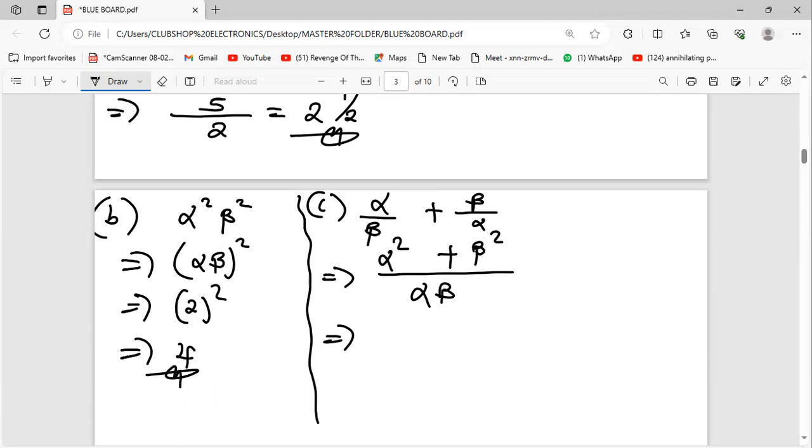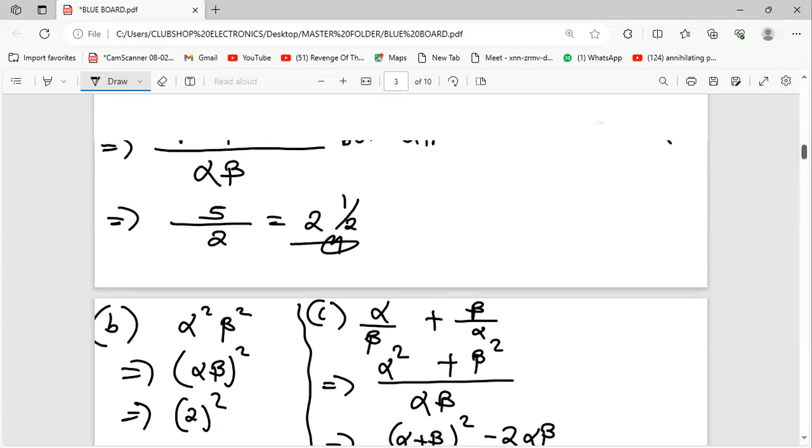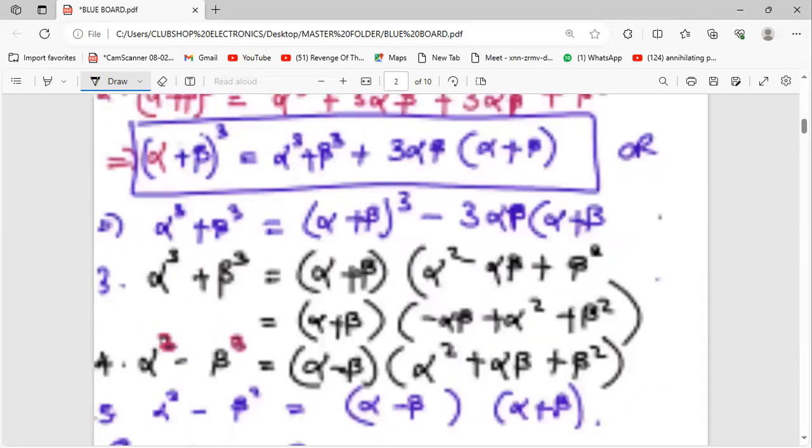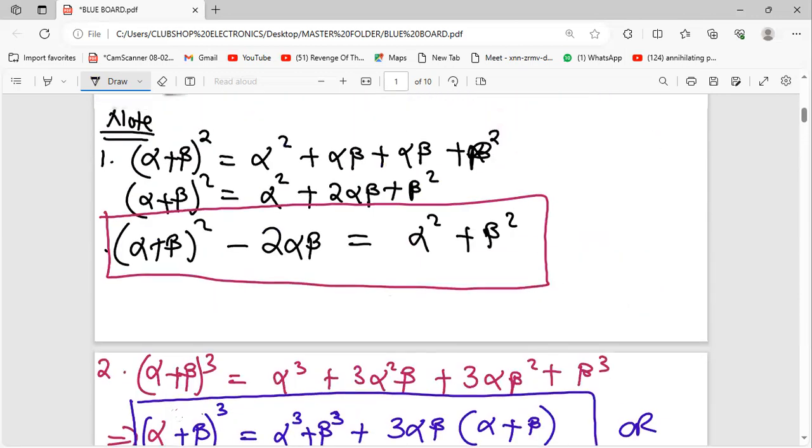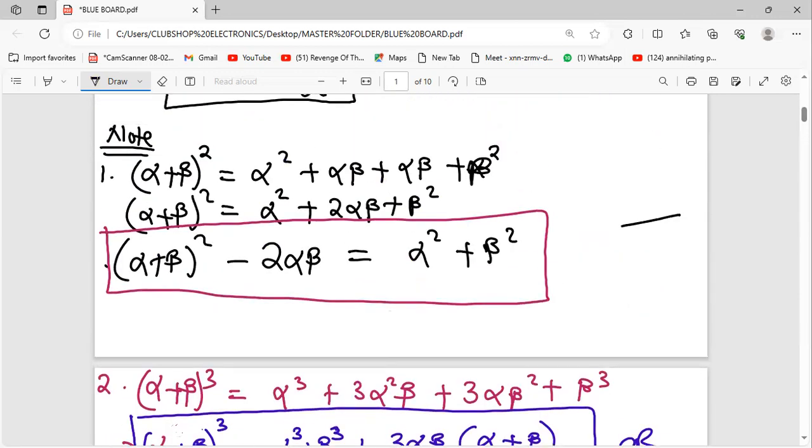So alpha squared plus beta squared is the same as alpha plus beta squared minus 2 alpha beta here divided by alpha beta. Now, why are we getting this? I gave you this expression, okay? This one, all right?